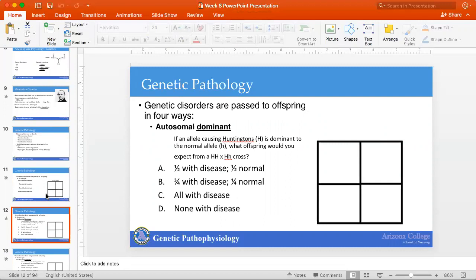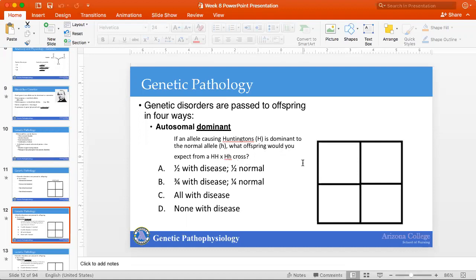Genetic disorders are passed to offspring in four ways, as we just said. Looking first at this autosomal dominant. So if an allele causing Huntington's disease, this disorder, is dominant to the normal allele, what offspring would you expect from an HH lowercase h cross?